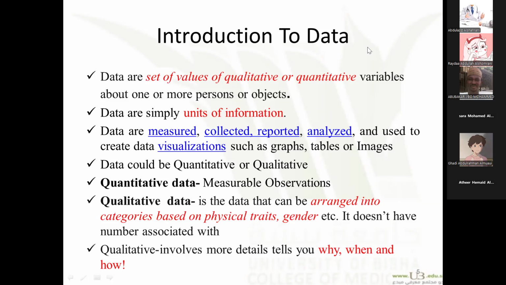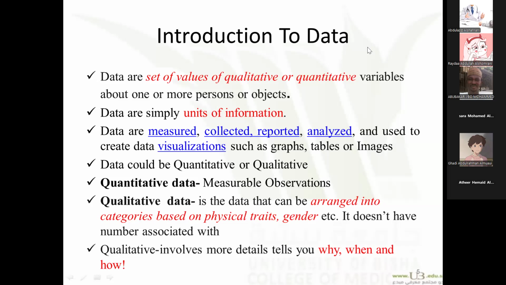To those of you that are just coming into medical sciences, data could be quantitative or qualitative, as I mentioned in the introduction. The word quantitative means numbers, measurable observations. Qualitative data is data that can be arranged into categories based on some personal traits.